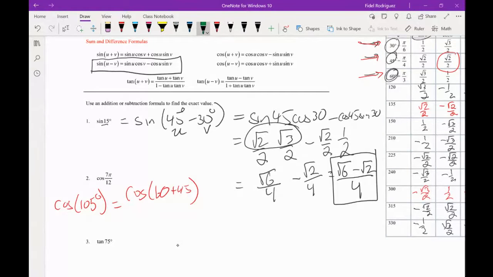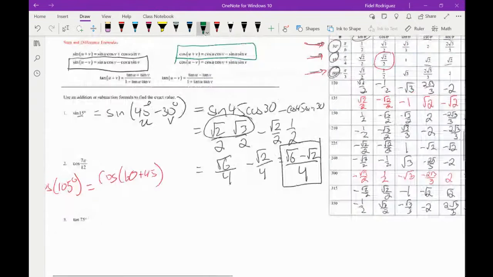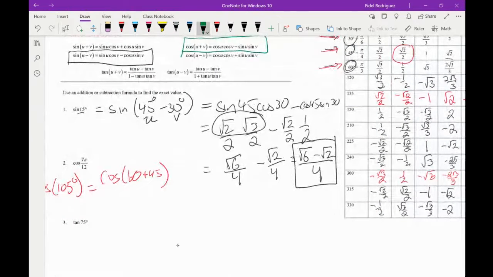So what are we going to do? We're going to use that formula right there. Okay, so let's do it like this. Remember, guys, this is my u, this is my v. So I'm going to say cosine 60, cosine of 45 minus sine of 60 and sine of 45.